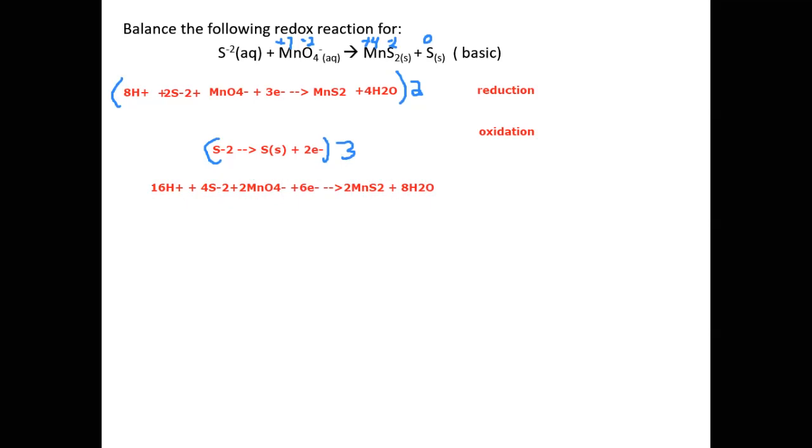And then we get 3 S2 minus to 3 sulfur plus 2 electrons. This gives me 6. Now we're going to cross out what's the same on both sides. In this case, it's only the 6 electrons.